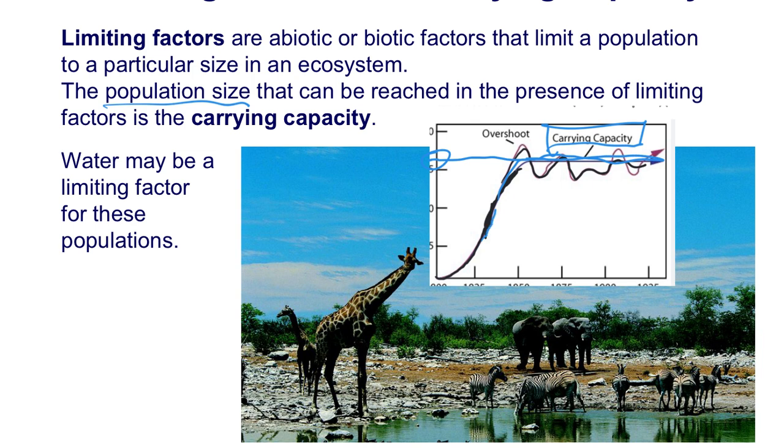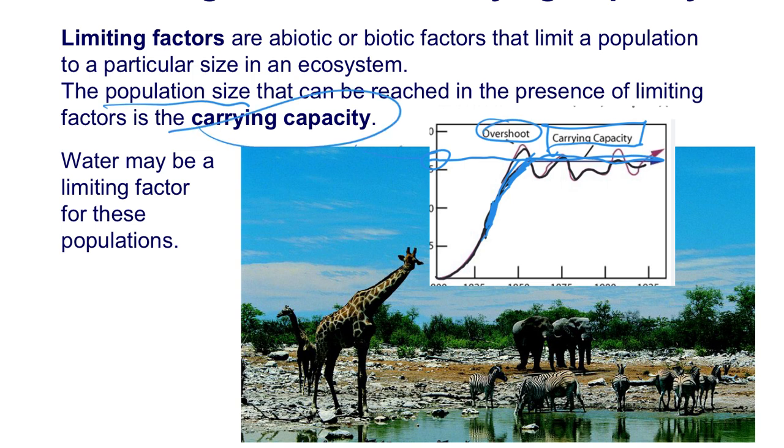Parents are still having babies, but not everyone's able to have children. And then eventually, the kids won't be able to have as many children as their parents because there's limited food resources, and so it might overshoot, like it did right here, what we call the carrying capacity.